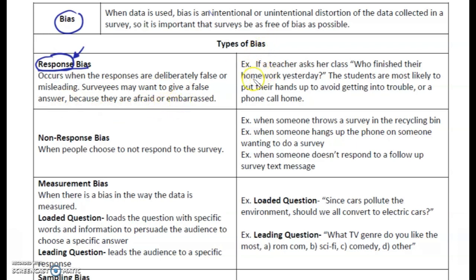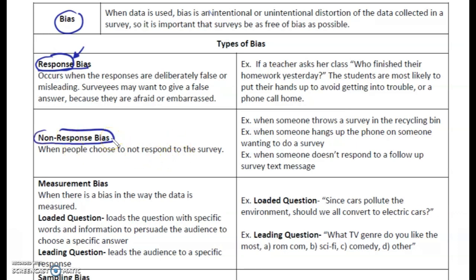An example of this is if a teacher says, who finished their homework yesterday, put up your hands. Students are more likely to put up their hand and lie than to admit that they didn't do their homework, because they're afraid that they're going to get a call home or they're embarrassed that they didn't complete their work.